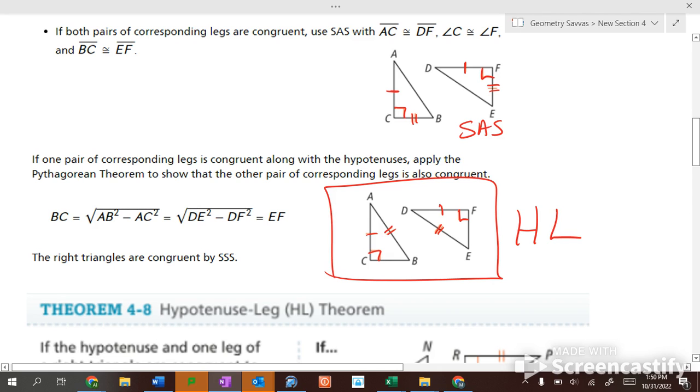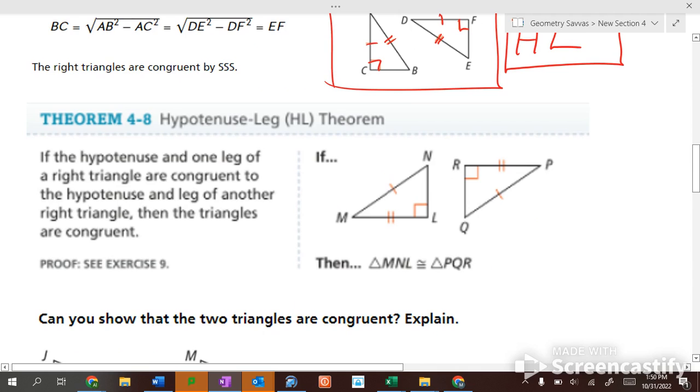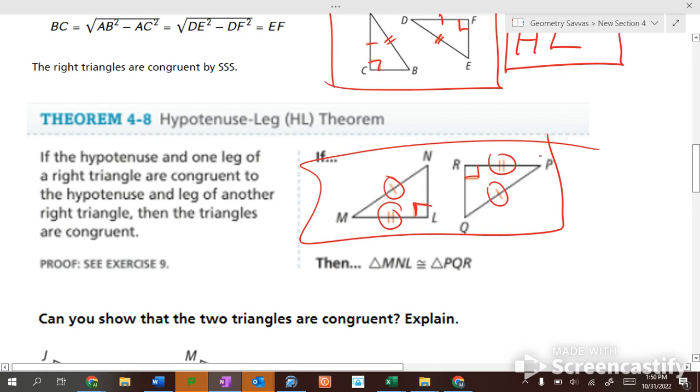That's why we don't call it side-side-angle. We call it hypotenuse-leg. The hypotenuse-leg theorem is this: if you know the hypotenuse of two right triangles and a leg of two right triangles, because they're right triangles, that's enough to say that they have to be congruent to each other.